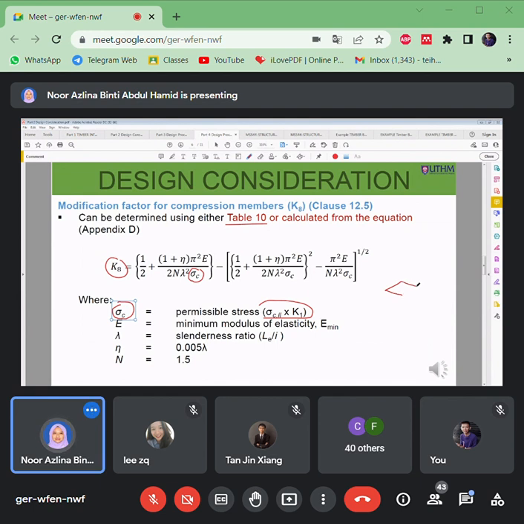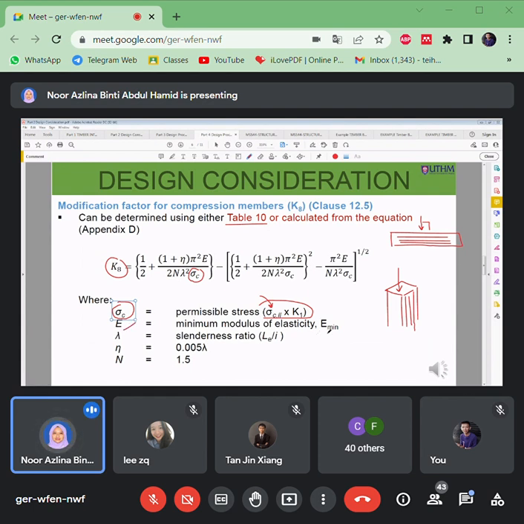If you look at this timber, this is the direction of the compression, so we need to know the compression parallel to the grain. For beams, this is the direction of compression, so we need to know the compression stress perpendicular to the grain. That's why for the compression member we refer to compression stress parallel to the grain.